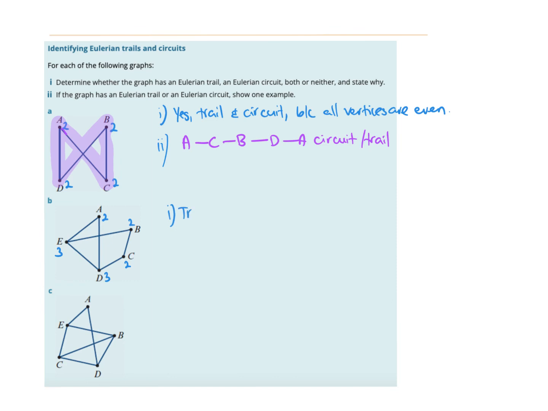So I'm going to say a trail can be found, because there are 2 odd degree vertices and the rest are even.